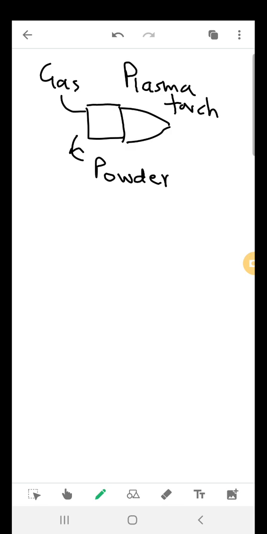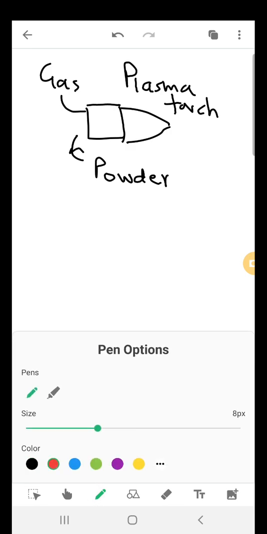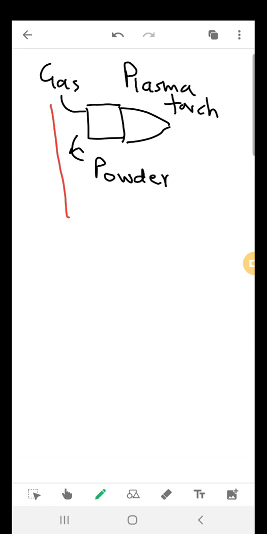The gas is basically nitrogen and oxygen and atmosphere.